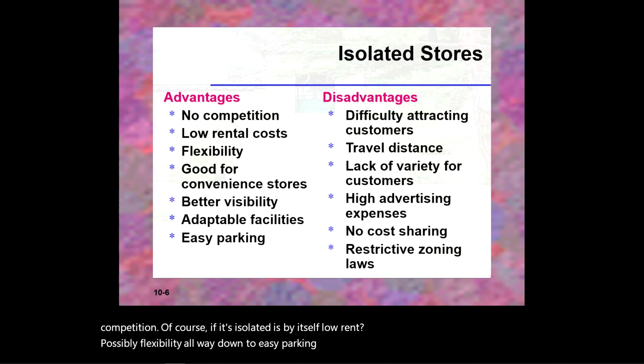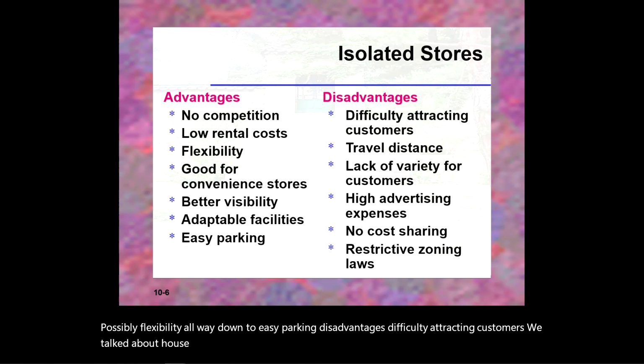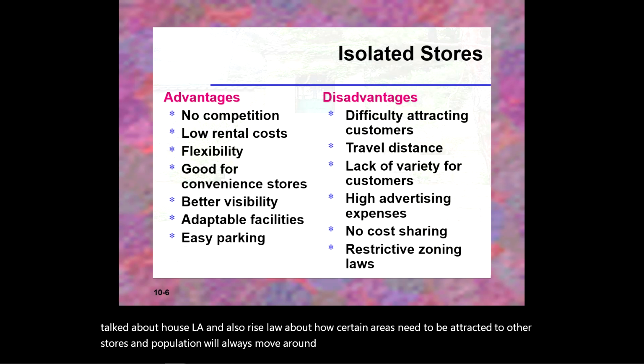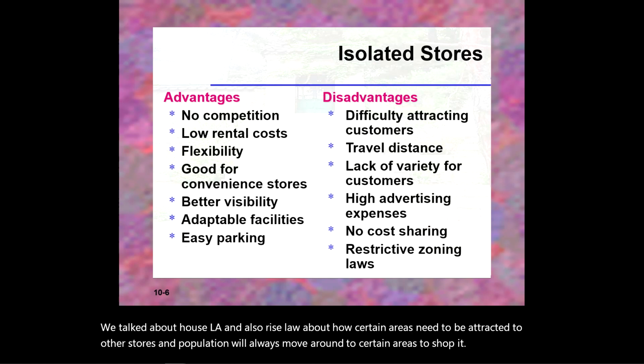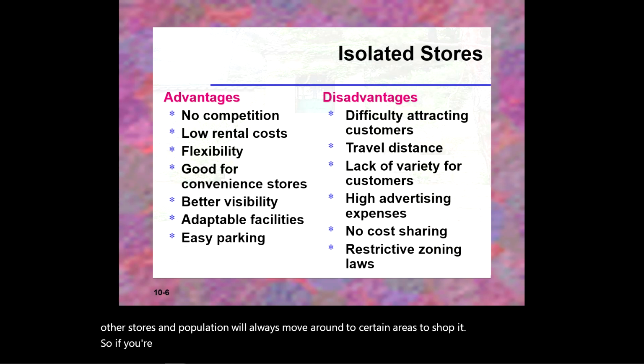Disadvantages: difficulty attracting customers. We talked about Huff's law and also Reilly's law about how certain areas need to be attracted to other stores, and population will always move around to certain areas to shop in. So if you're isolated, certainly you better be good, right?